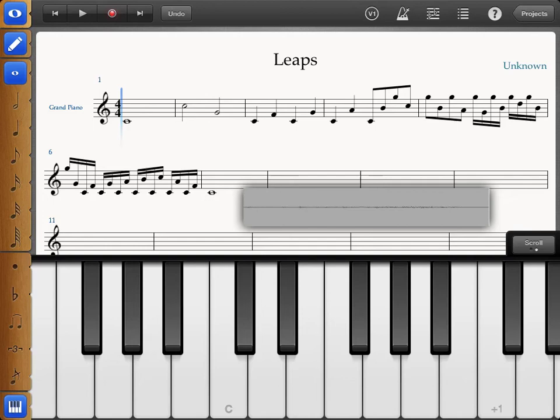For leaps, you have to play one note and then skip over two or more. So if I was playing a leap from a C, I would have to leap up to this F, skipping the E and the D.